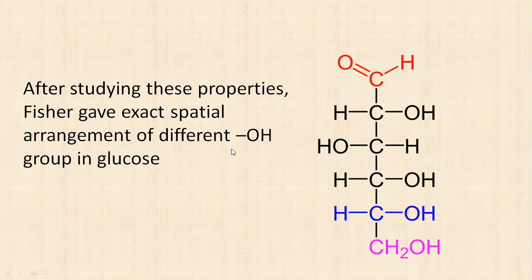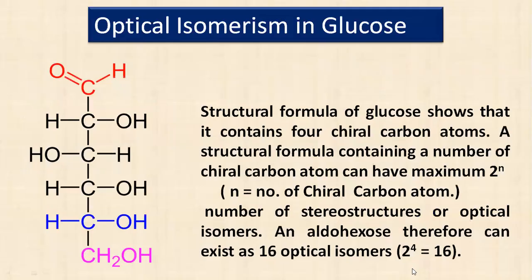Okay, and he gave the structure for glucose like this: 6 carbon atoms, one with the aldehyde group, then 4 CHOH, and the last one is CH2OH. So this is the open chain structure of glucose.